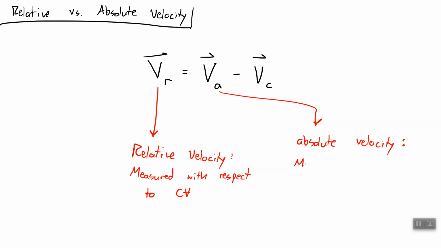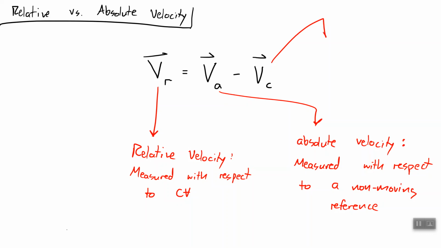This is the velocity measured with respect to a non-moving reference. Again, we'll explain what that is by analogy.